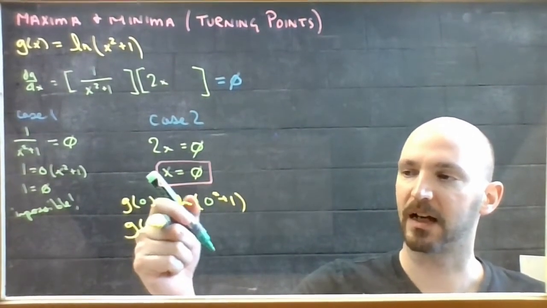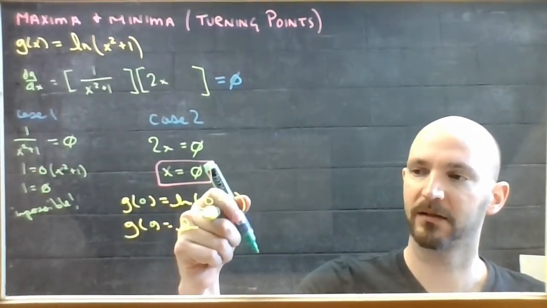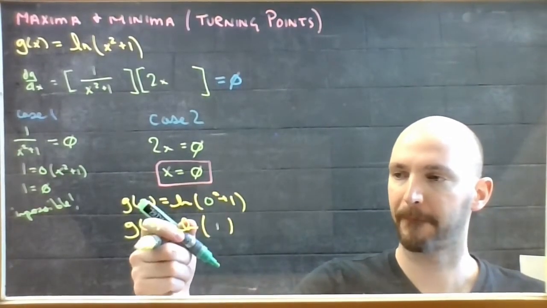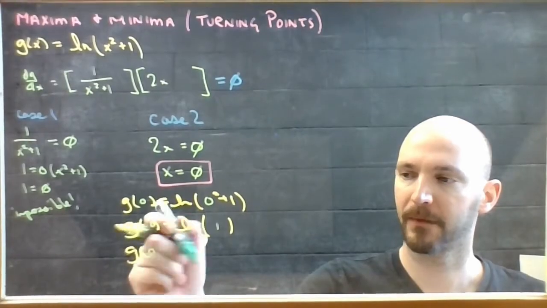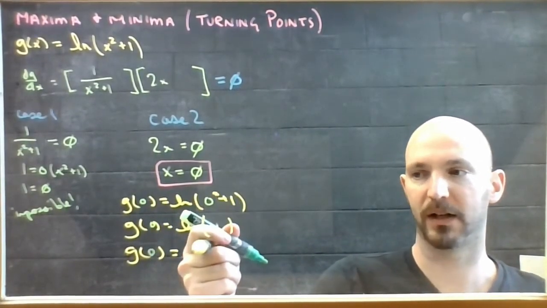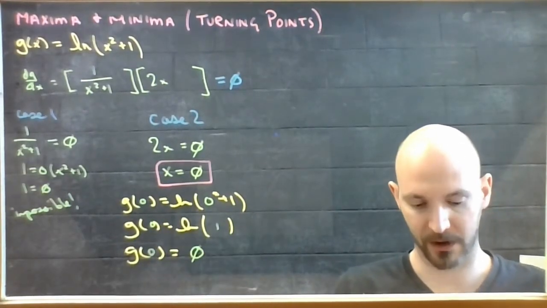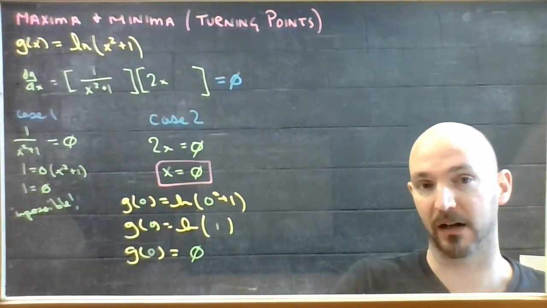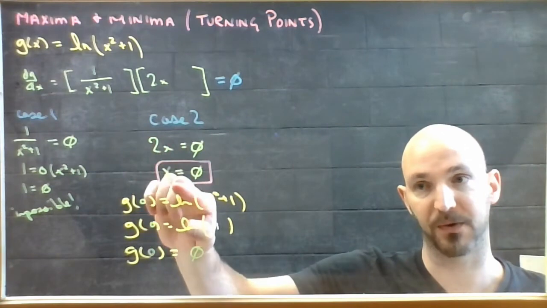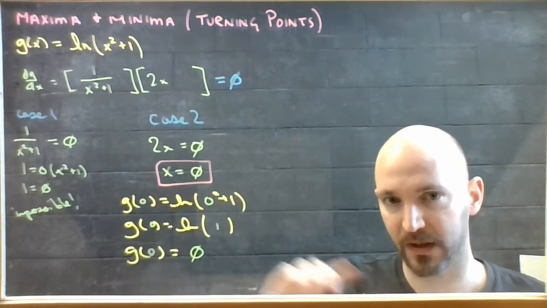So g at 0 would be the ln. 0 squared is 0, plus 1 is 1. And if you get your calculator out, ln of 1 is 0. So there we go. This one did not produce an error. I found an x in one of these cases that would set the derivative to 0. And when I plunked that back into the function, I got a perfectly reasonable answer.